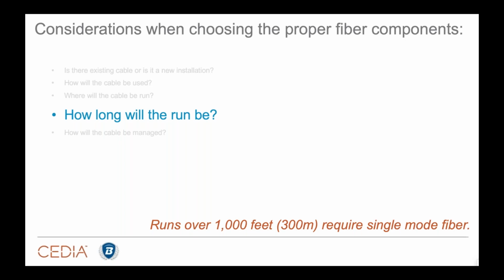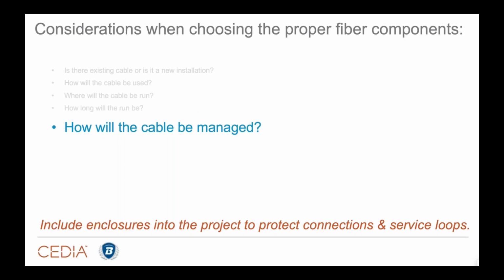Single mode is designed for long distance distribution, and far too often we see folks think that fiber is fiber, and they'll pull a multi-mode cable, or at least try to pull a multi-mode cable further than 1,000 feet. It isn't going to work very well. So if you're looking at a cable run going more than 300 meters or 1,000 feet, you've got to think about single mode fiber optic cabling.